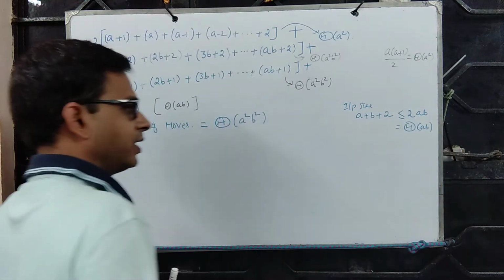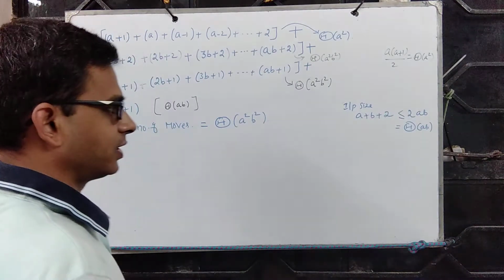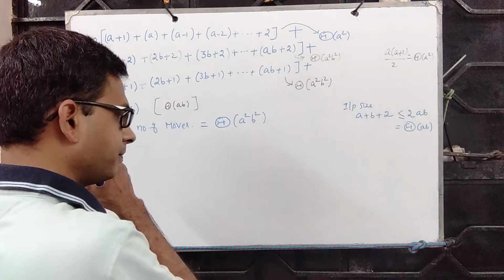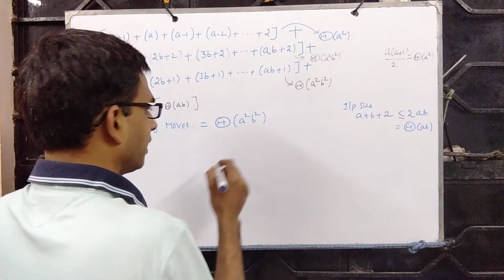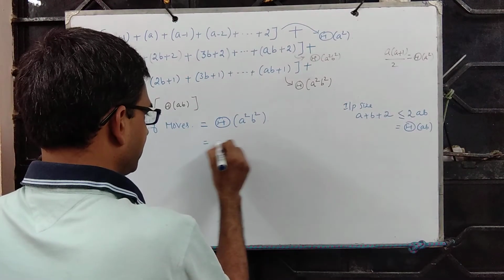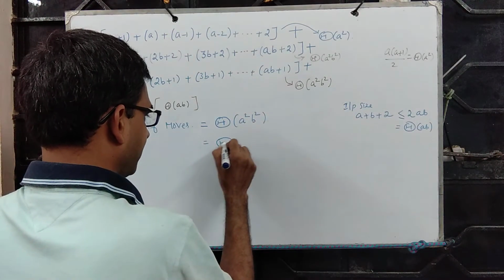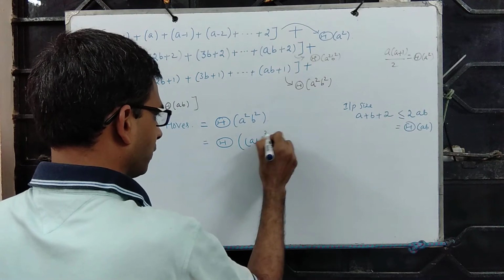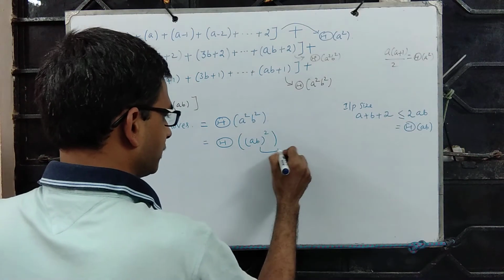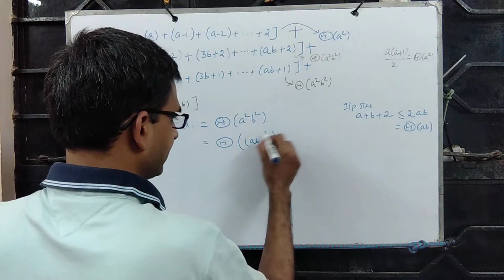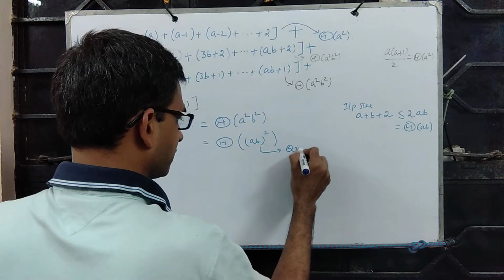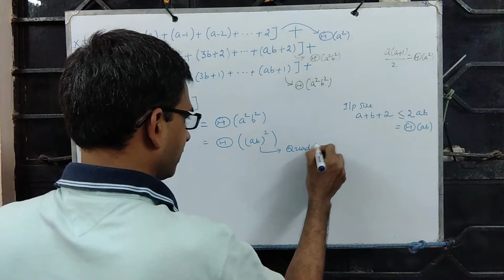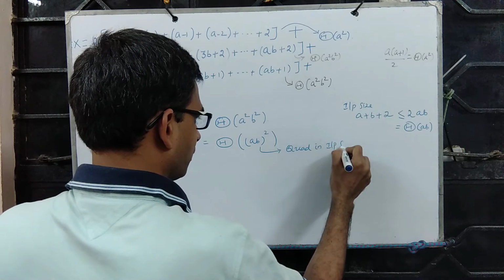So my input size is theta of AB, and so you can rewrite the number of moves as AB the whole square, which means input size squared, which means it is quadratic in input size.